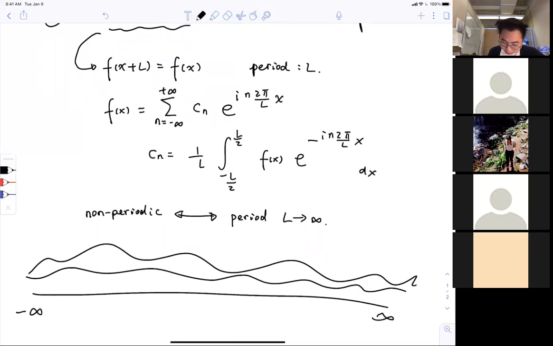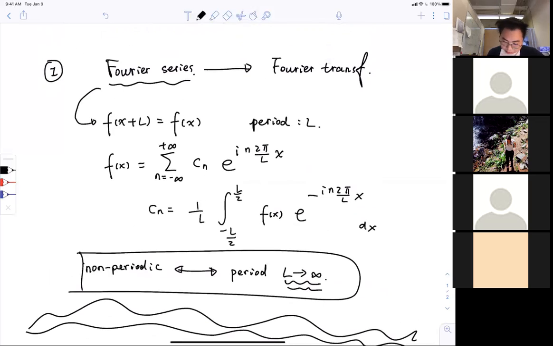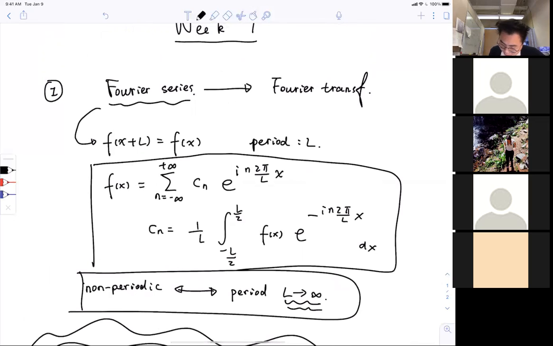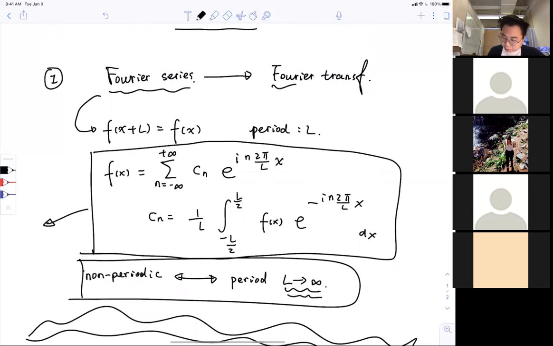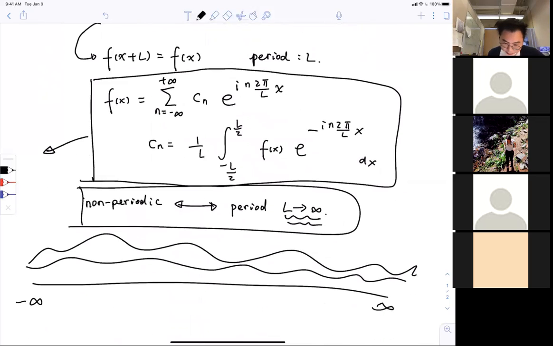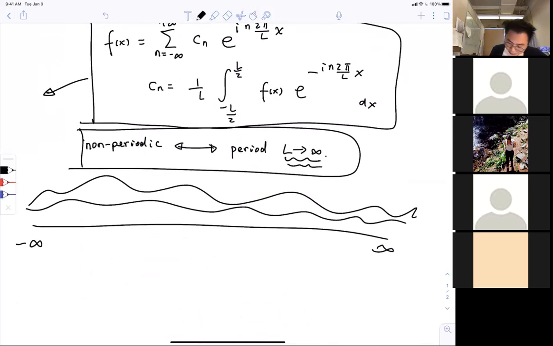And in this limit, this Fourier series, what we wrote down here, will translate into the Fourier transformation. It's also quite straightforward.